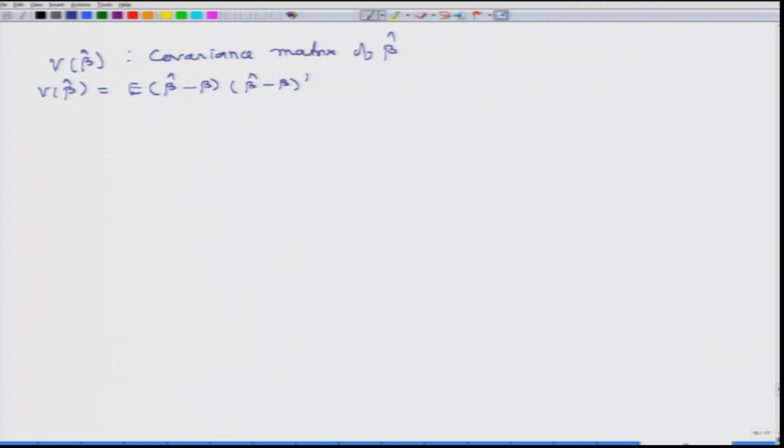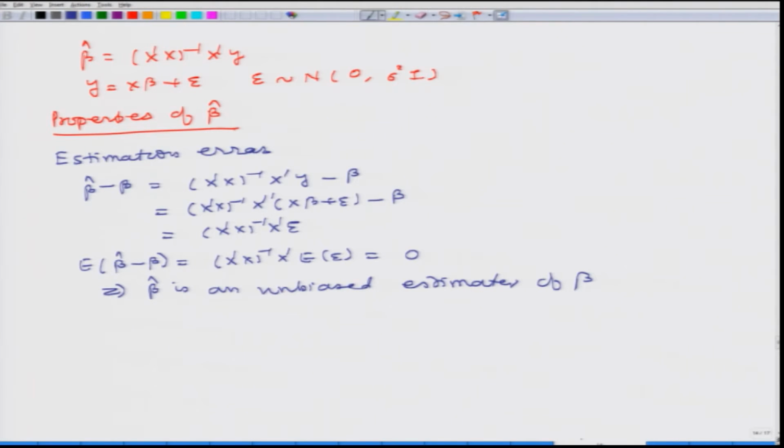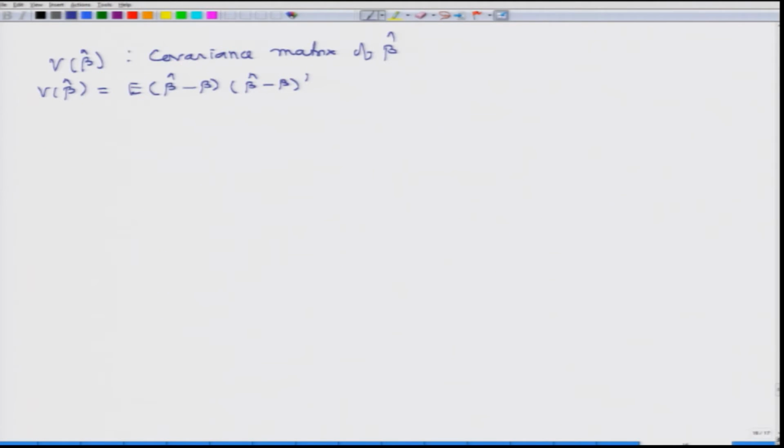You may recall that in the earlier slide we already obtained the expression for beta hat minus beta, so I simply have to substitute it here and we obtain (X transpose X) whole inverse X transpose epsilon epsilon transpose X (X transpose X) whole inverse. Now, since we have assumed that X is a non-stochastic matrix, I can take the expectation operator inside.